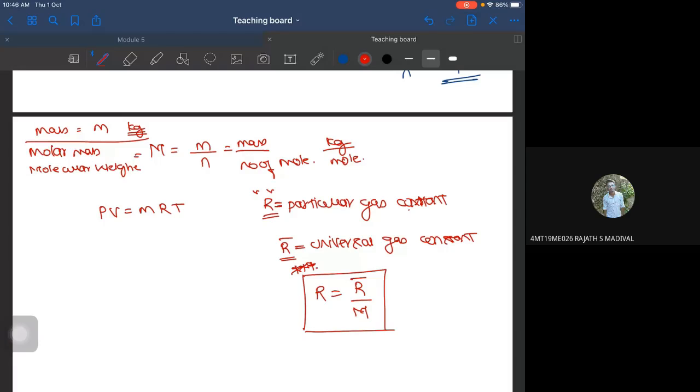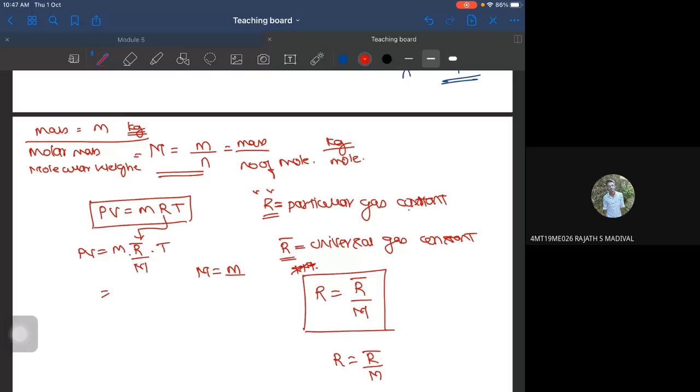Now, if I take the ideal gas equation, PV is equal to m, as it is, and R can be replaced by R dash divided by M. I'll be substituting the value of R as R dash divided by M, into T. I know the relationship between M and n: the molecular mass is equal to mass divided by number of moles.